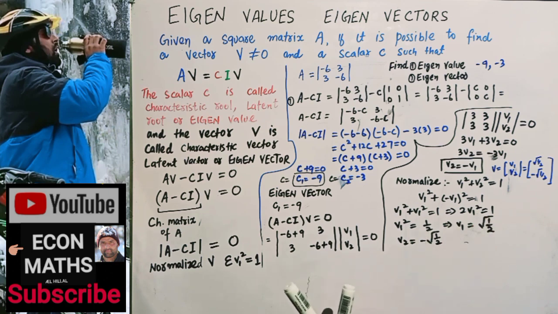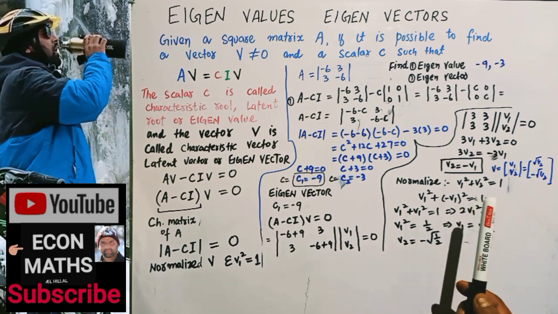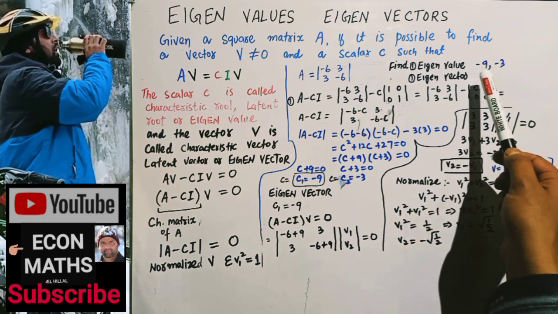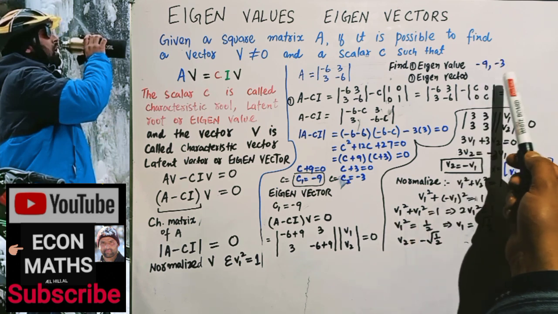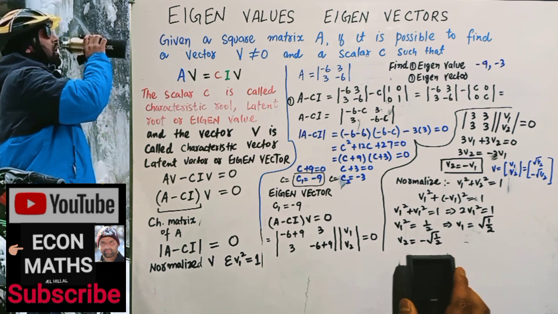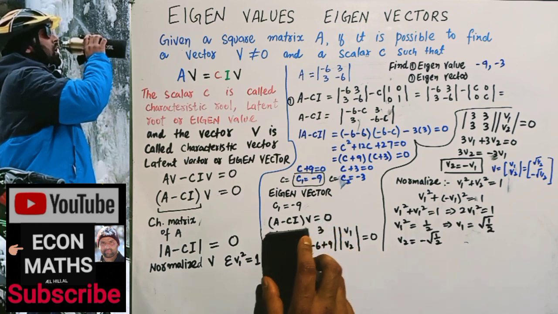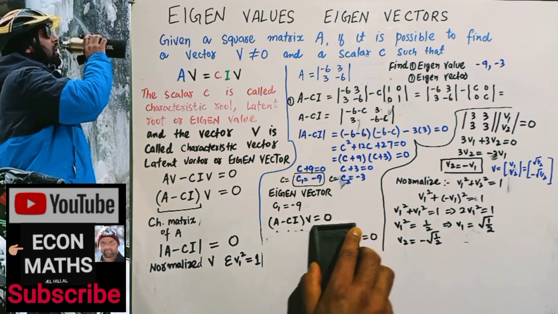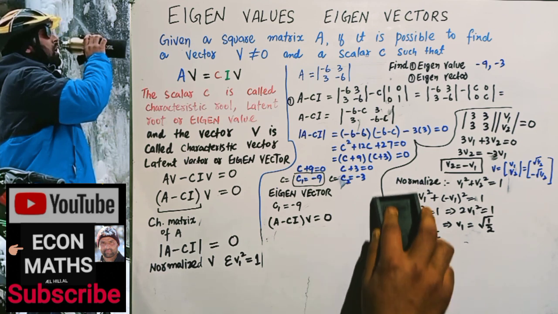How? This time we will put c2 equal to minus 3. So we put here c2 is equal to minus 3 and solve it accordingly. Let's solve for the second characteristic root also.